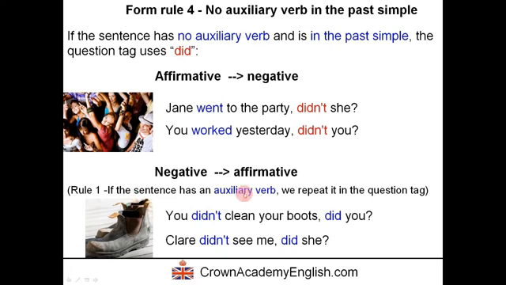So if this is simpler for you to remember, then just use this rule. We repeat this auxiliary verb in the question tag and we change it from the negative to the affirmative. Didn't, did. Okay, that's probably simpler to remember.